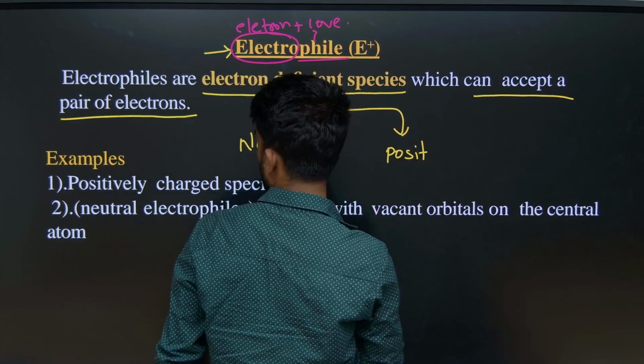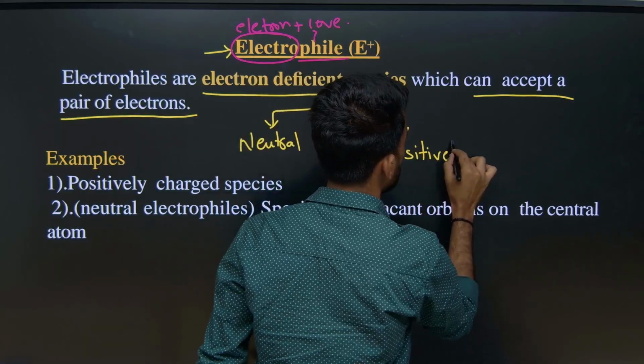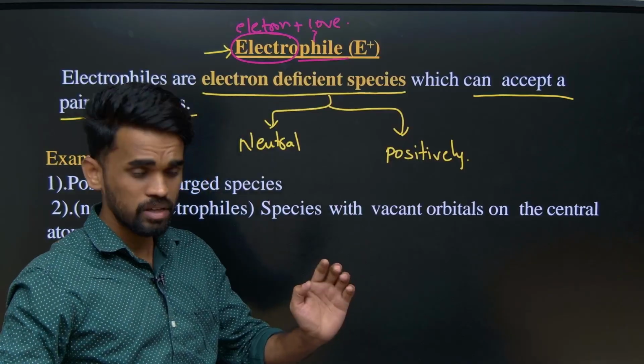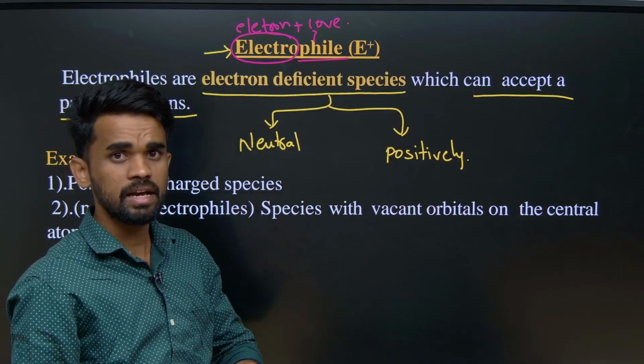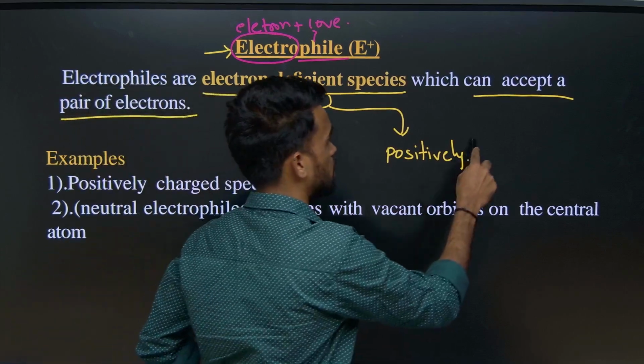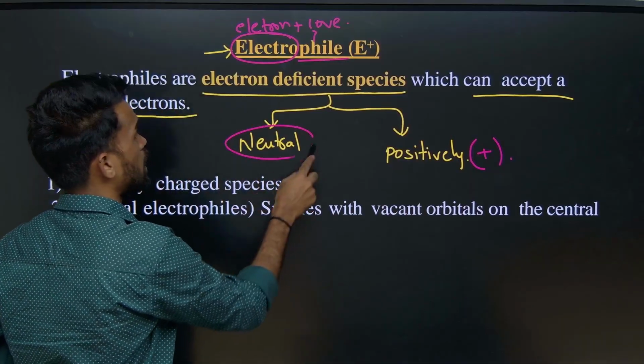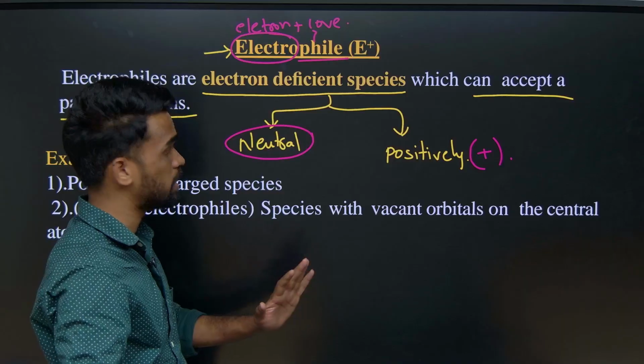It cannot be negatively charged, because electron deficient means it has fewer electrons than its required number. So we represent it with a positive charge only, or it can be neutral. It cannot be negatively charged. I hope it is clear.